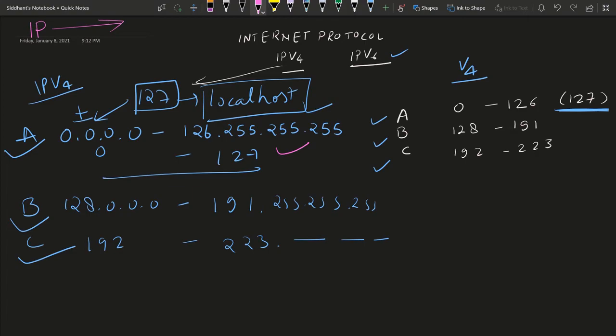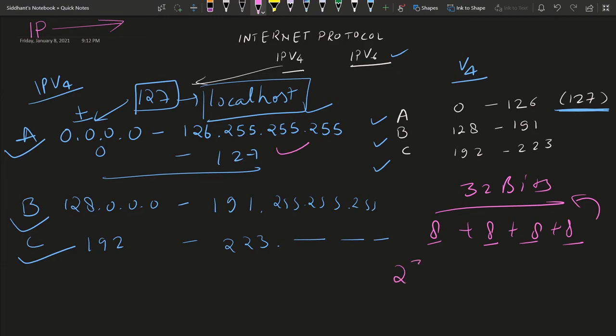And one thing you need to know: an IP address is 32 bits, because there are 4 octets, each of them has 8 bits, so a total of 32 bits. So we can have 2 raised to the power 32 addresses with IPv4, which is almost 4 billion or something like that. And even from these 4 billion, class D and E are reserved for experimental and multicast.